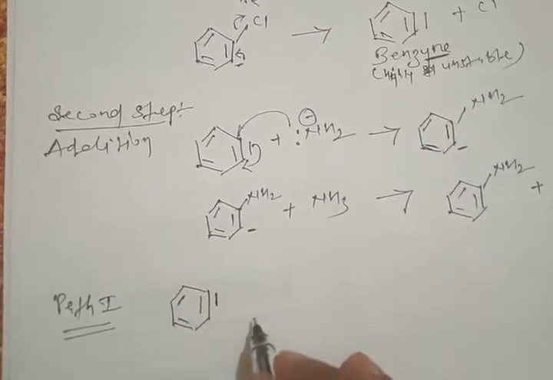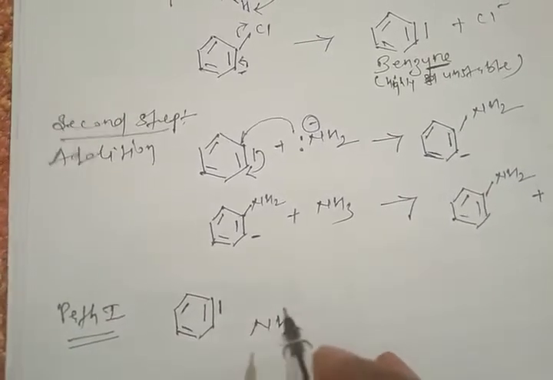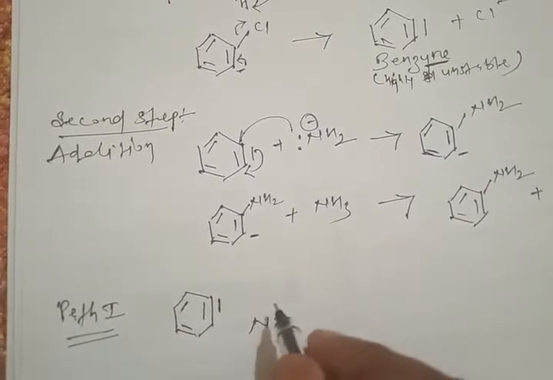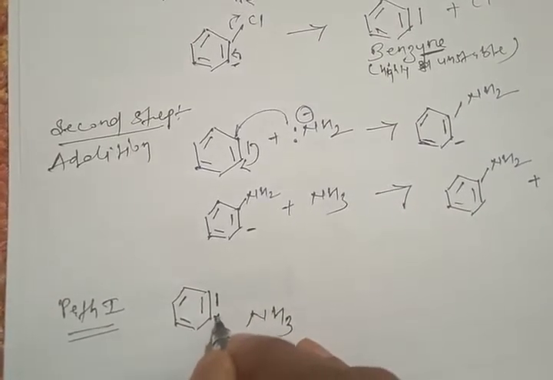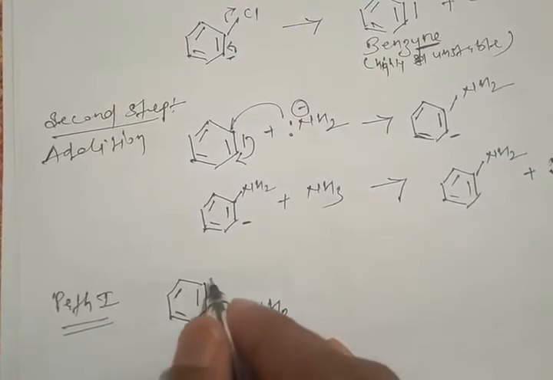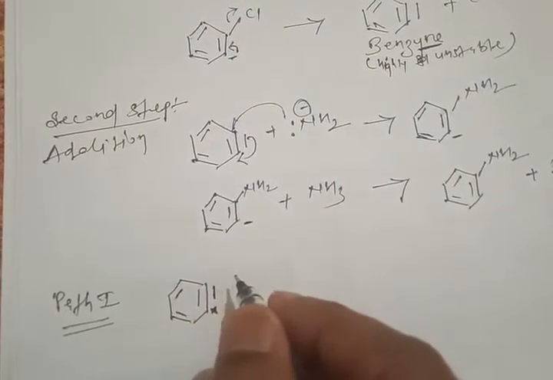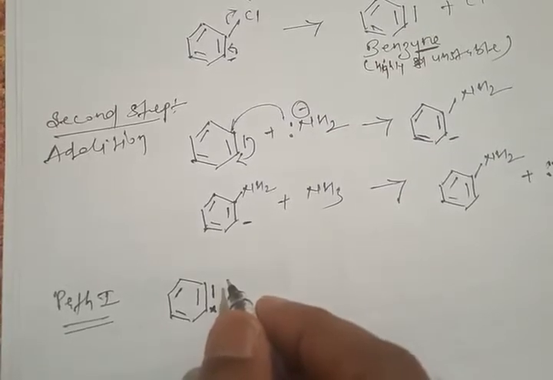Here the attacking reagent is now NH3, ammonia. So this ammonia can attack from two sides. If we asterisk mark this one, it can attack from this side also, and it can attack from this side also. So what happened in these two sides of attack?